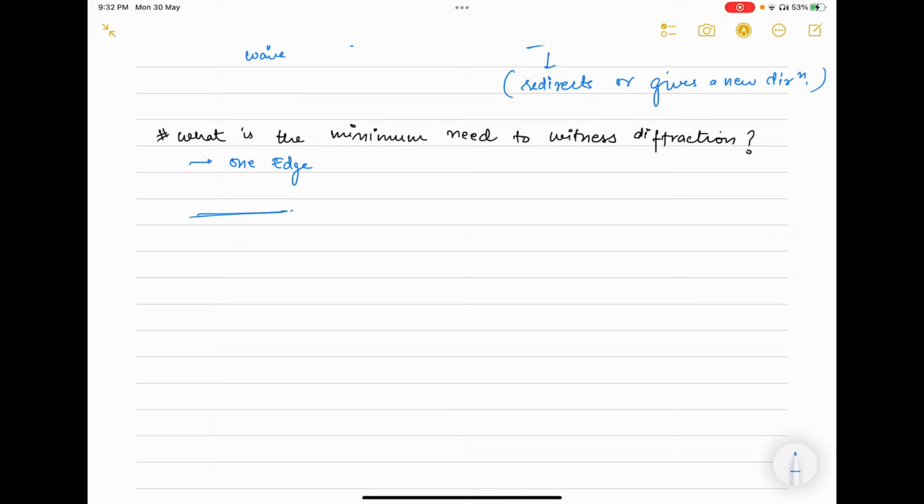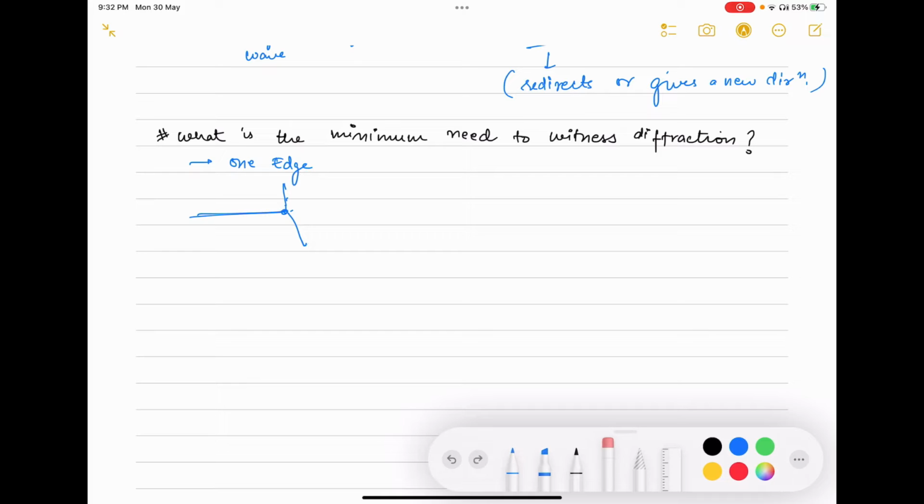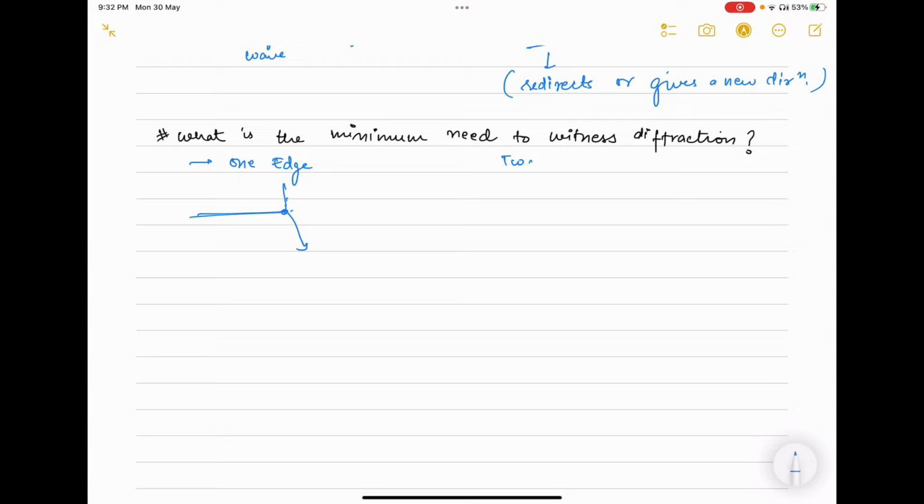If this is your scatterer, your wave can scatter from this edge always. Next, we can have 2 edges that will give us a better picture. 2 edges form a single slit, or double slit, sorry.